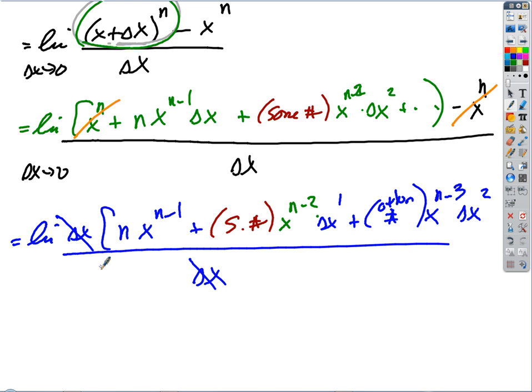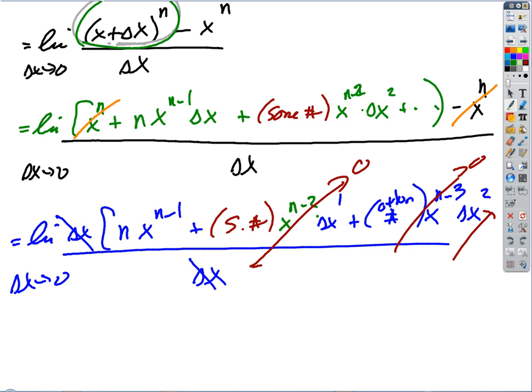We just do that all the way down the line. So it really didn't matter. We could determine what those numbers are, but it's not worth the hassle, because they all have powers of delta x of 1 or greater, and therefore all vanish.